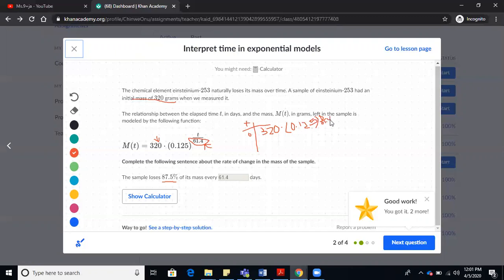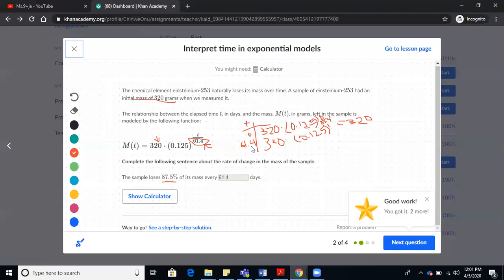So that just ends up being 320 times 1, which is just 320 for my initial time of 0. Then the next time where I'm going to get a whole number is when I have 61.4. So if I do 61.4 days, then that'll be 320 times 0.125 to the 61.4 over 61.4, which is just 1. So it's going to be changing by a factor of 1 every 61.4.